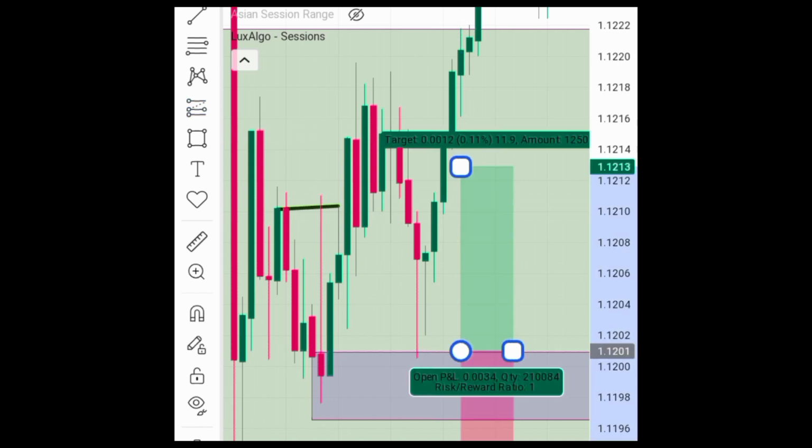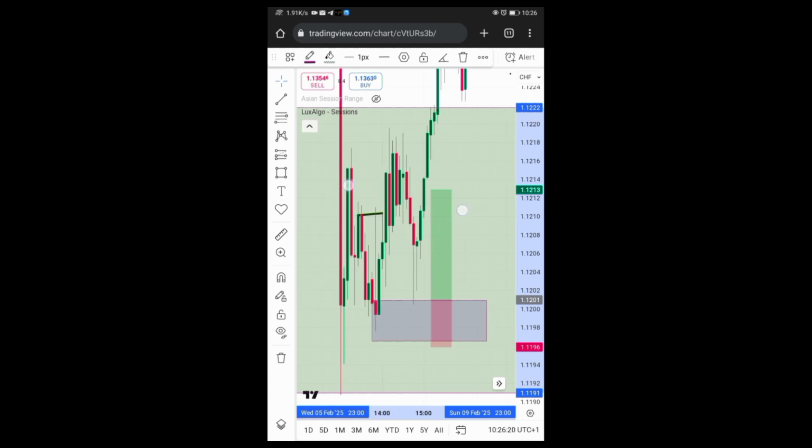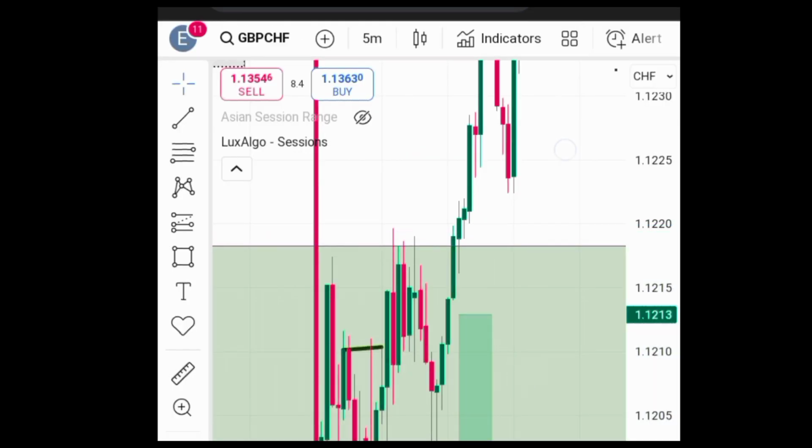For those of you who don't know how I got the indicator that I'm using, let me show you how to add the indicator yourself.